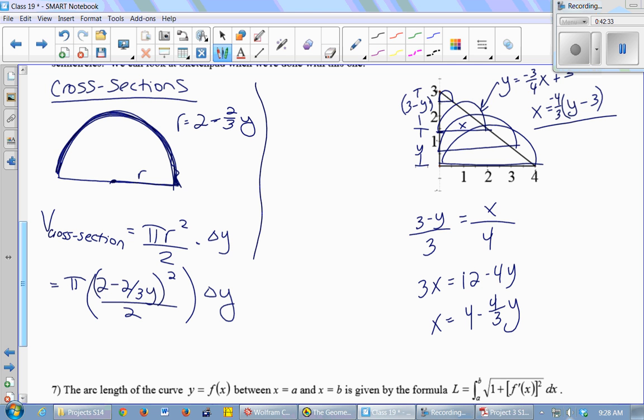So the answer, the total volume, is going to be an integral from 0 to 3. Each semicircle is going to have volume pi times 2 minus 2/3 y, squared, over 2 dy.